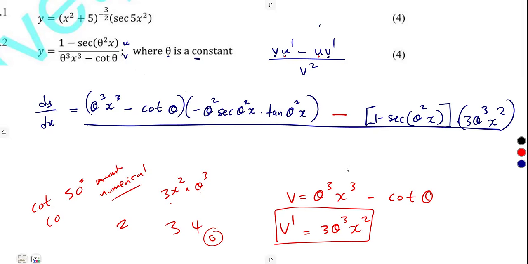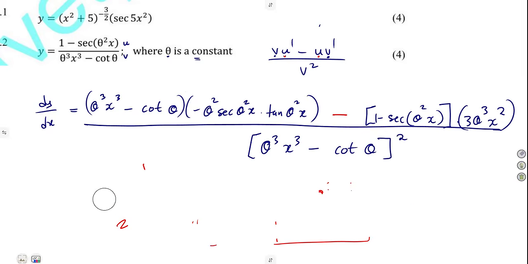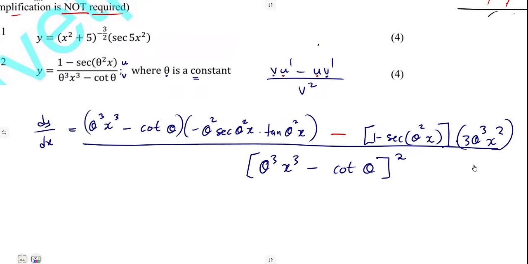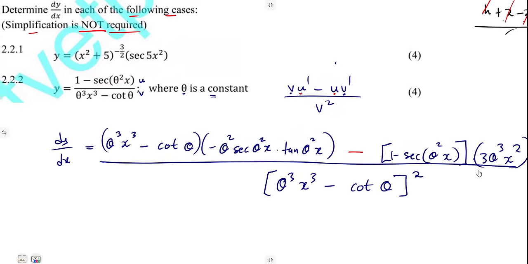Our v, as it is, cosec cubed x minus cot of theta, but being squared, v squared. So that is where simplification is not required. We can simply leave our answer like this. All right. So that was it for 4 marks.